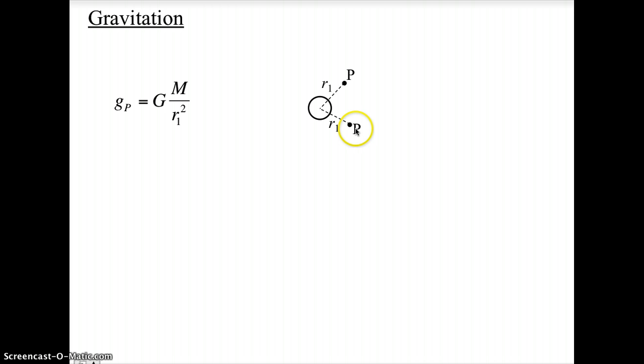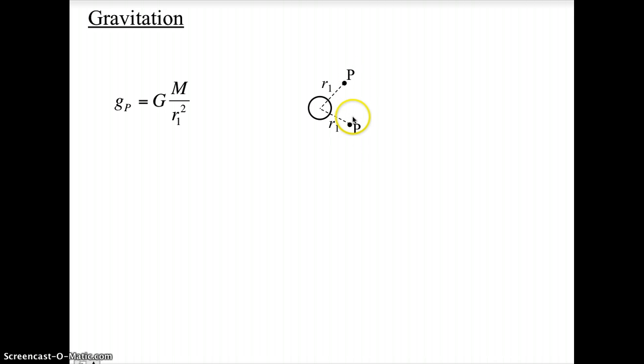But what if I had point P down here? Well, it's still separated by r1, so this is still r1 squared. The mass hasn't changed, so this is still big M, and G never changes, so what we see is that it's the same value as the field strength up here.